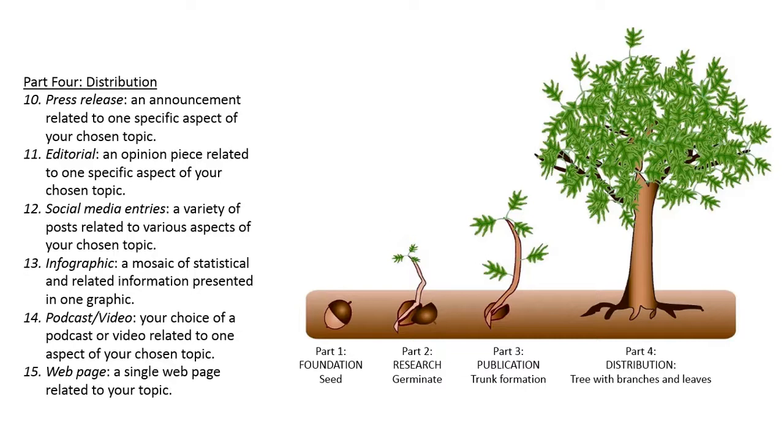So it's very important that you take care of part 1, which is the seed. If you do that, then you can move on to part 2, germination. Take care of the seed, let it grow. Then it starts to form a trunk in part 3. You finalize your publication. Once you have a final report, you can then create your tree with branches and leaves.